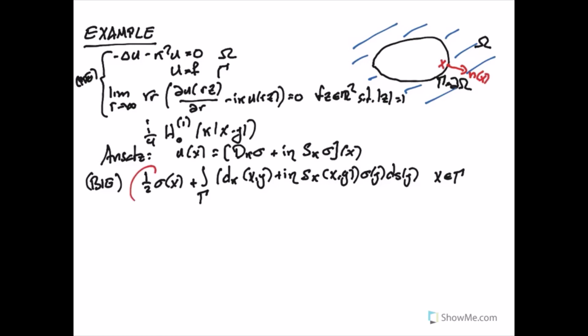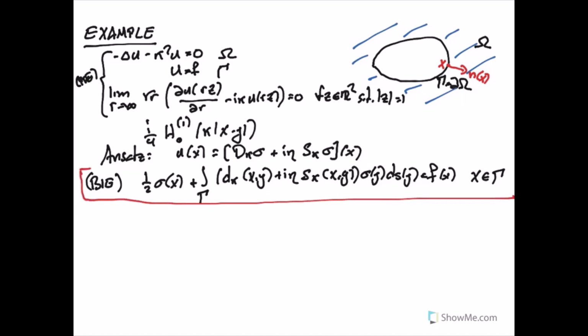Before we had a minus, but now the normal points into the domain, so we get some different sign. Again, don't take my word for any of this. Trust the notes, or even better, other people's notes. But here is, at least conceptually, the equation. I just forgot to write, we have to include the Dirichlet data like that. So this is the BIE that we get.